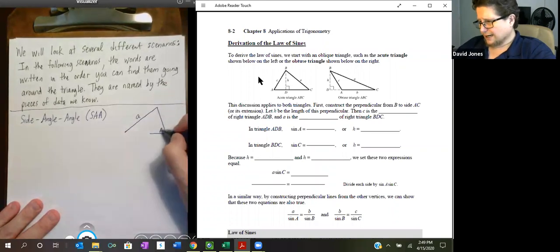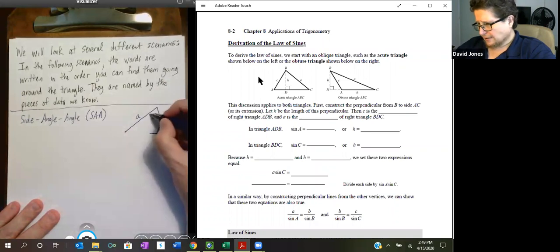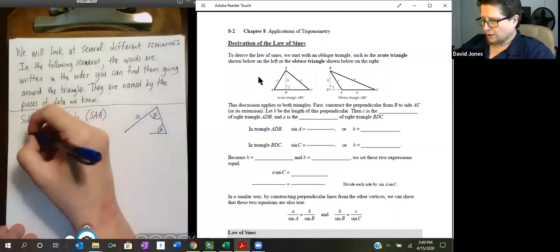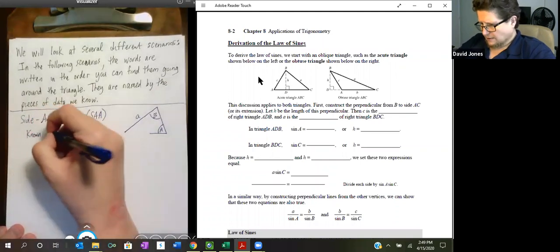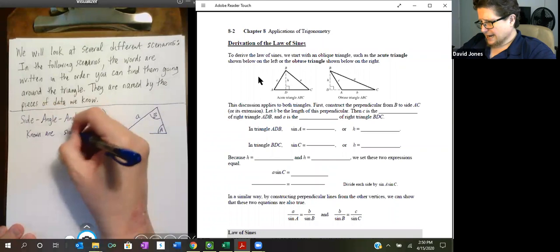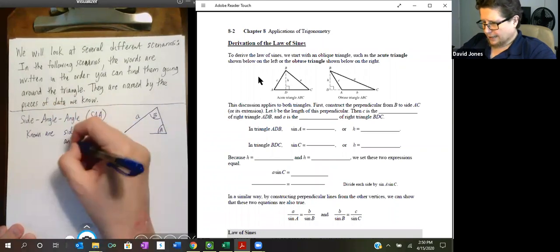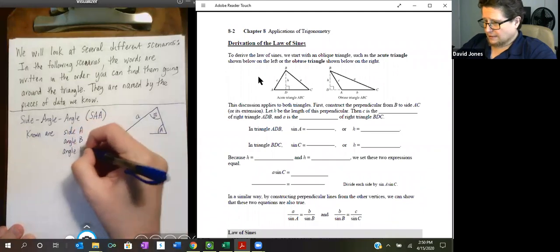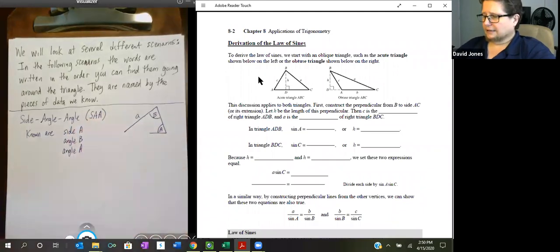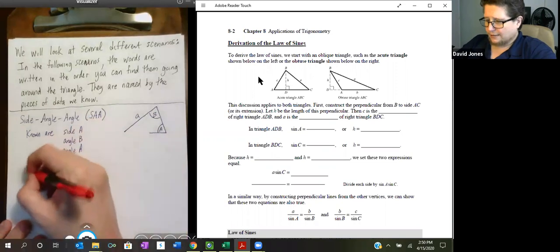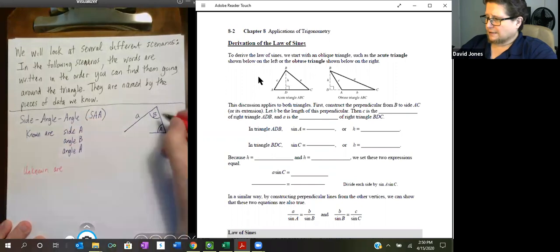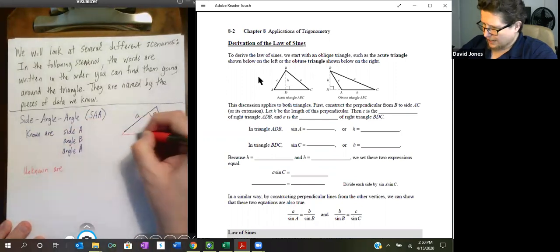That makes this angle A. And we might know angle B. So known are side a, angle B, angle A. Unknown, I will do in red. We finished the triangle.